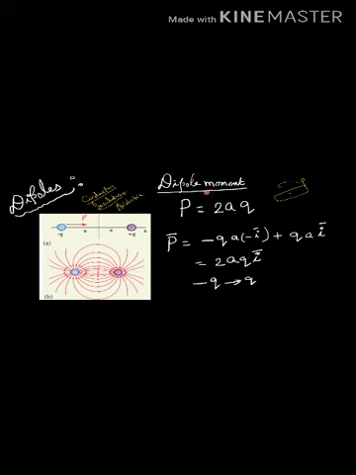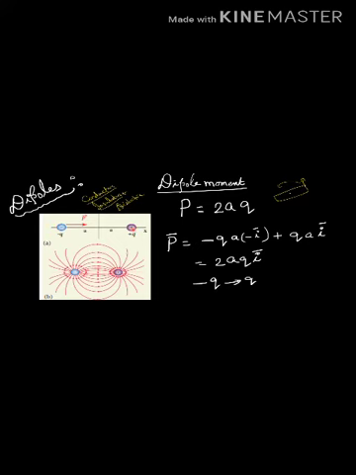Next, electric dipole moment. Let us consider two charges plus q and minus q separated by a distance 2a. The electric dipole moment P is equal to 2qa. It is a vector quantity.